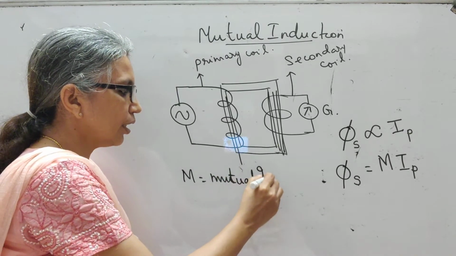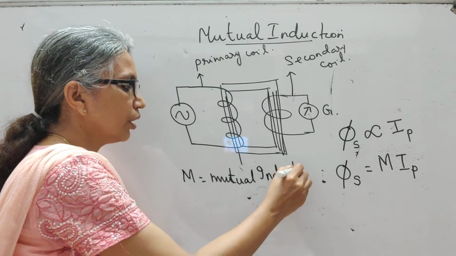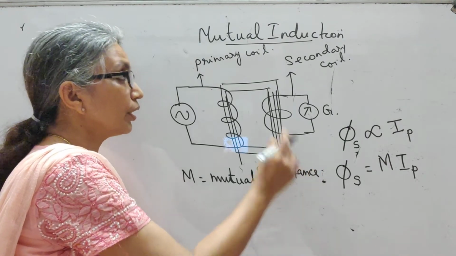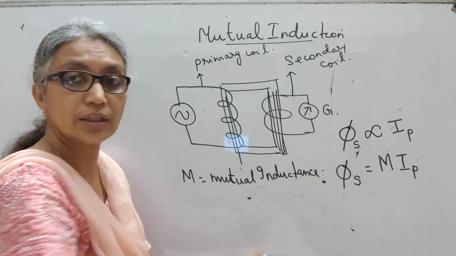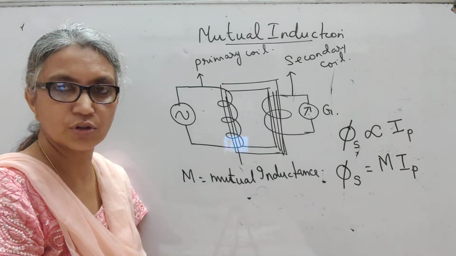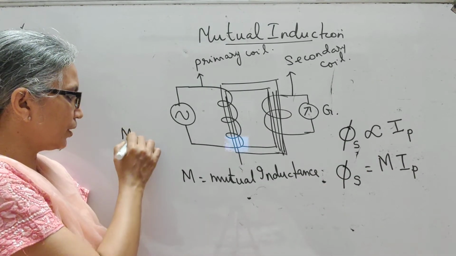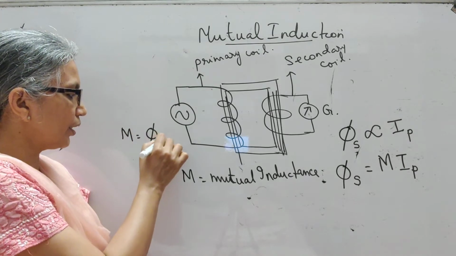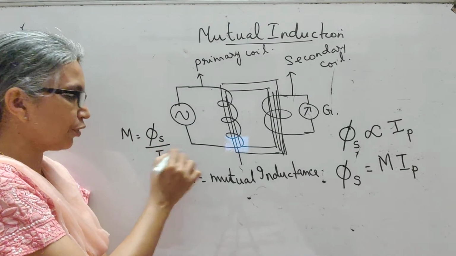Mutual inductance. Note the change. The phenomenon is called induction. The constant here is called inductance. Now, to define this mutual inductance, we have M is equal to phi S by IP from that formula.